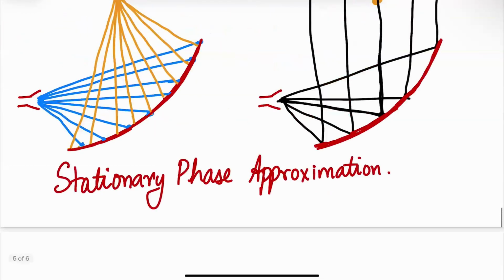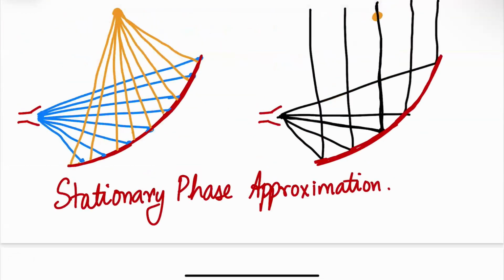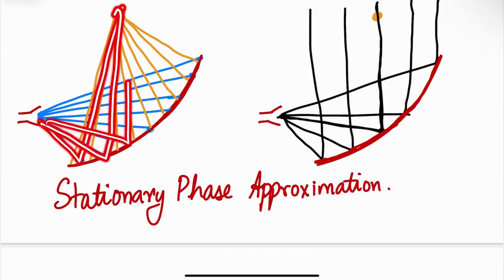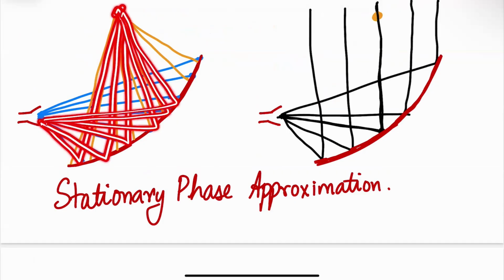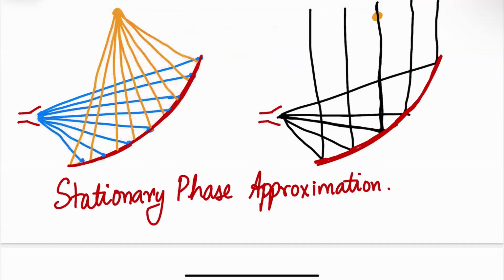Okay, so let's look at that a little bit more. What I'm saying is that I find the path length for this ray, find the path length for this ray, find the path length for this ray, then for this one, and so on. I find the path length for all those rays and I plot them out. What would that look like? Let me use black instead.